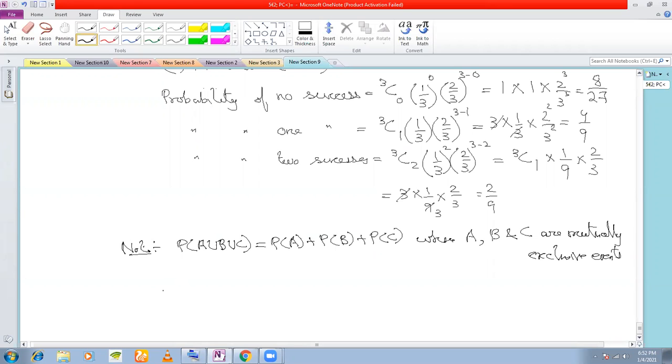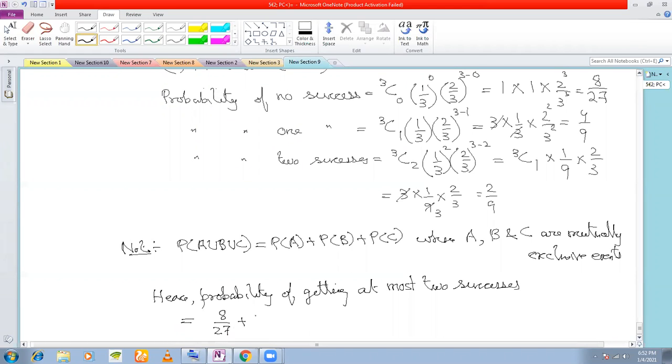Therefore, what is the probability of getting at most two successes? We add up the probabilities, right? Hence, the probability of getting at most two successes is equal to 8 by 27 plus 4 by 9 plus 2 by 9, sorry.